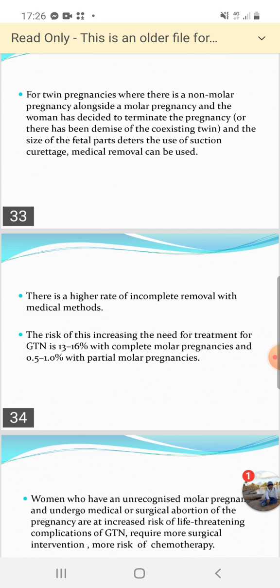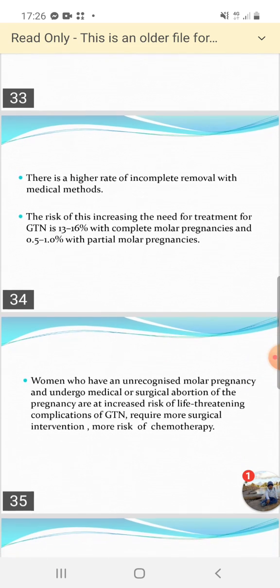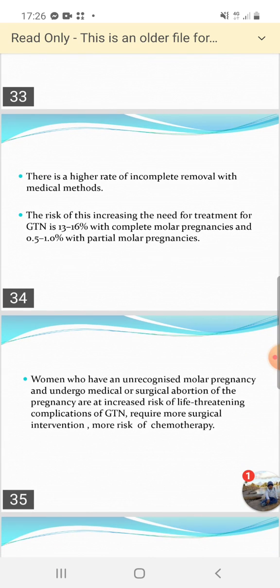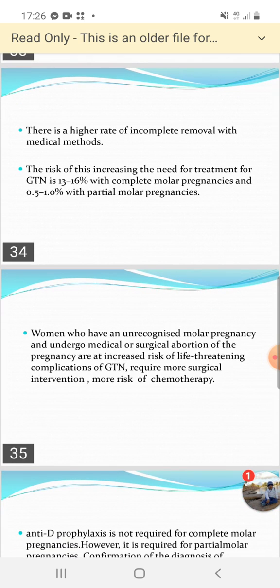We had one case like this, a twin with a complete mole in one sac, and she aborted around 19 weeks, spontaneous abortion. There is a higher rate of incomplete removal with medical methods. That is why we prefer surgical, because with the medical there is a chance that we cannot remove completely.